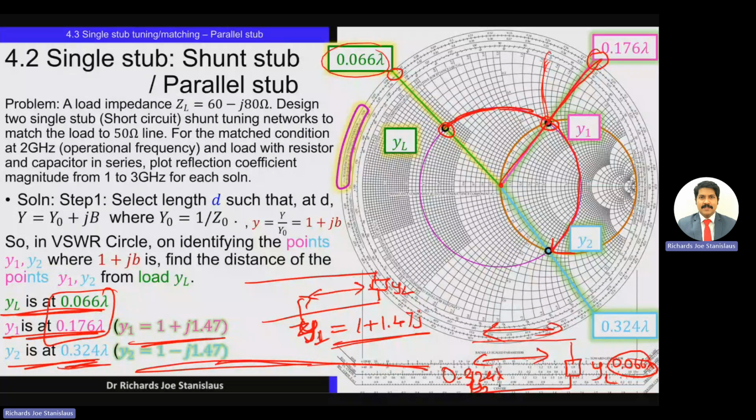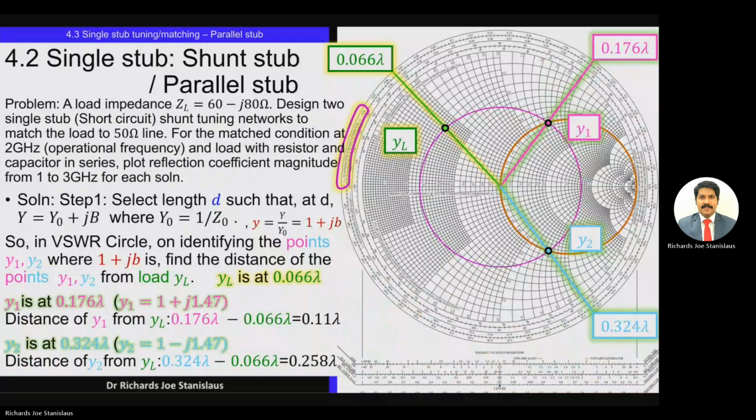The length that you need to move from the load for the second solution is 0.324 minus 0.066 lambda, right? I have given it over here. For the second, it was 0.324 minus 0.066 lambda, which is 0.258 lambda.